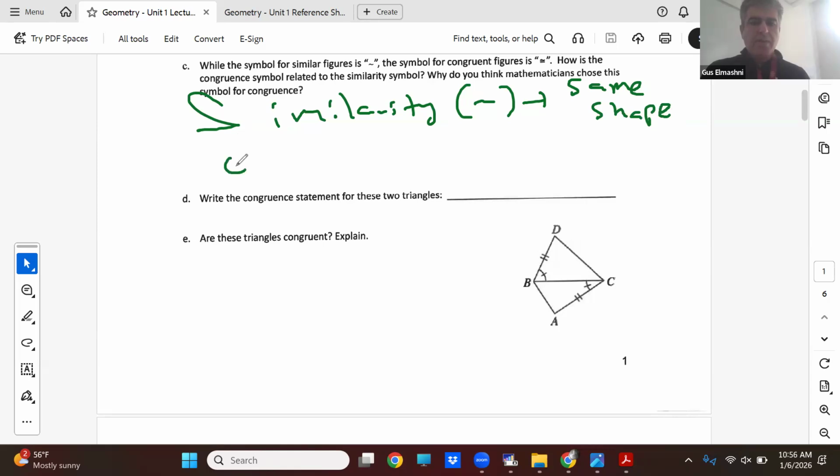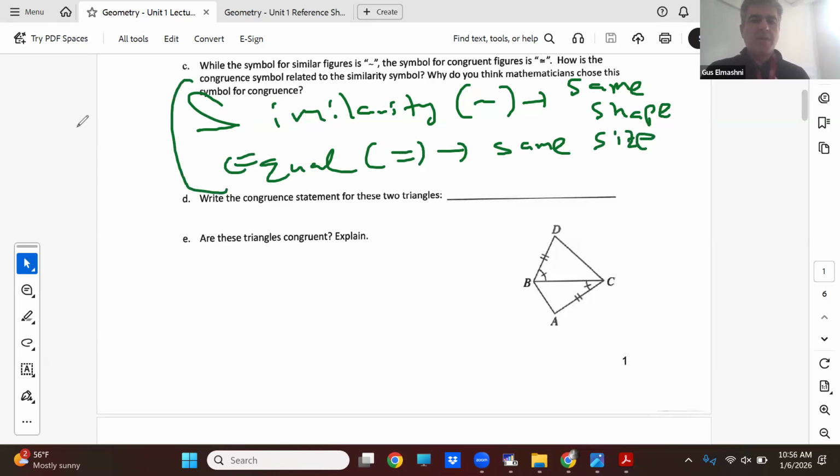And then equal, of course, is an equal sign, the same size. So combined, we get this, which we call congruent.